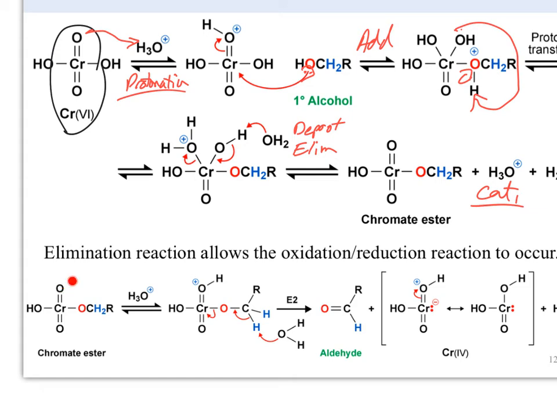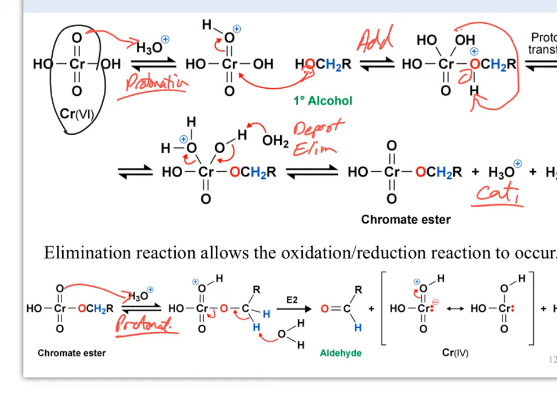Acid's going to come in again. We're going to protonate again. Now this time, because we're doing oxidations, you got to remember, what are we trying to do? We're trying to get rid of the hydrogens attached to the carbon attached to the oxygen.